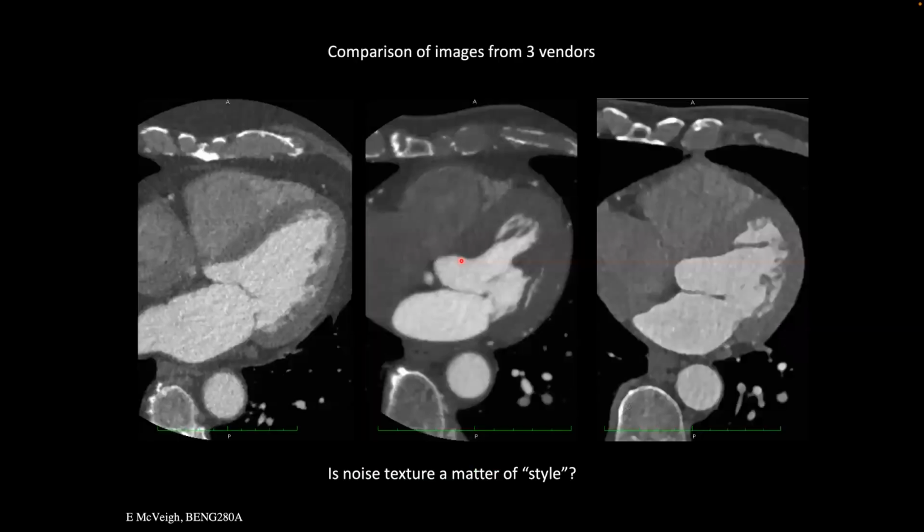Okay, so how you sample and how you reconstruct the data really affects the visualization, or the subjective quality, and even the measurable quality of CT images. Right?